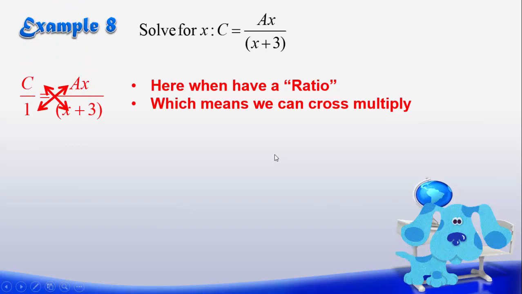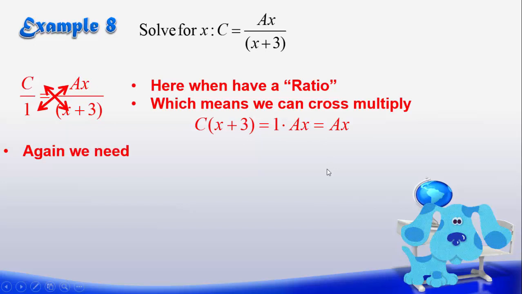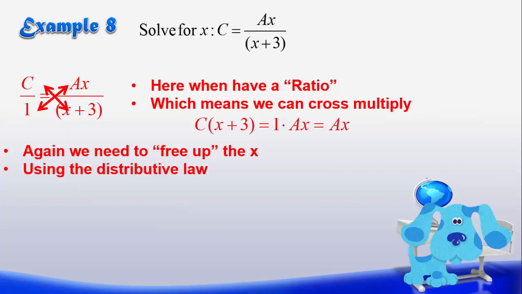So I just cross multiplied, and I got c times x plus 3 is equal to 1 times ax, which is the same thing as ax. And again, as before, we need to free up the x. So we use the distributive law to do this. So we multiply c into the brackets.